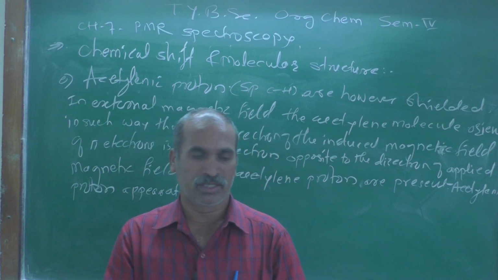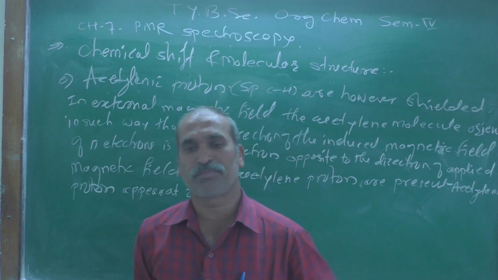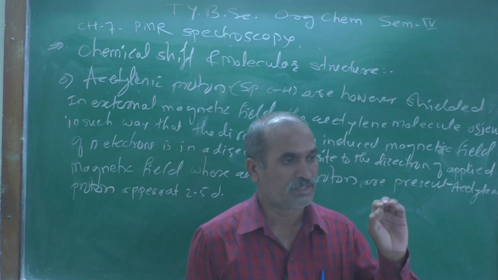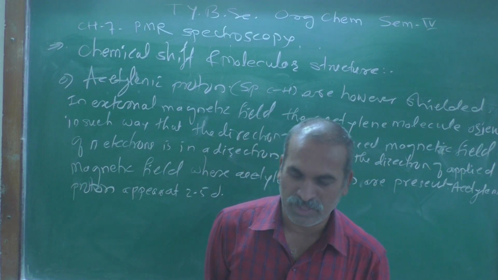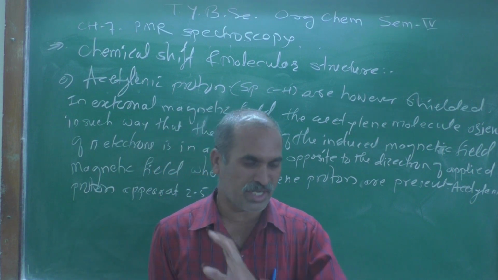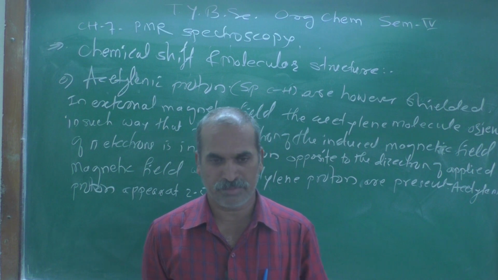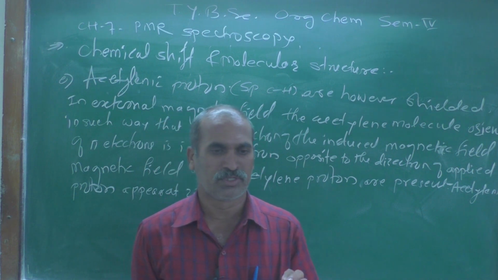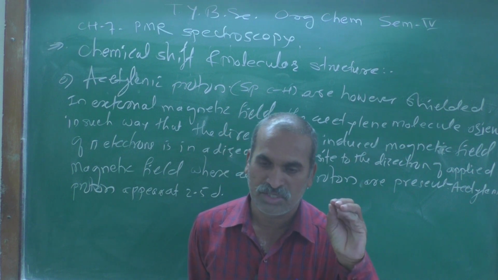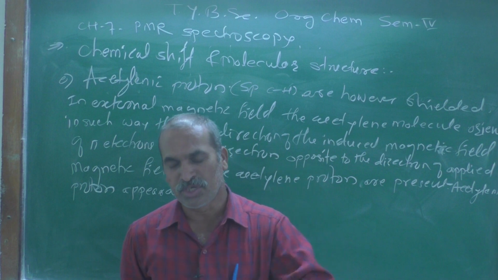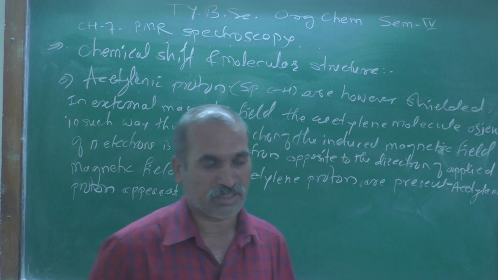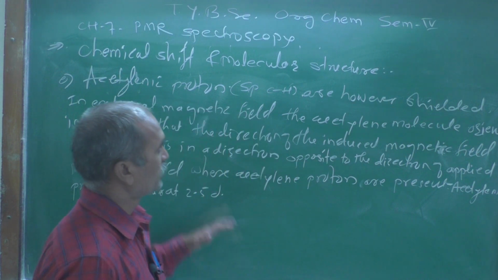But in actuality, the acetylenic protons are more shielded than the vinylic protons. Listen to this carefully and try to understand this concept. It is very, very useful. Why is the acetylenic proton more shielded than the vinylic or alkene proton?